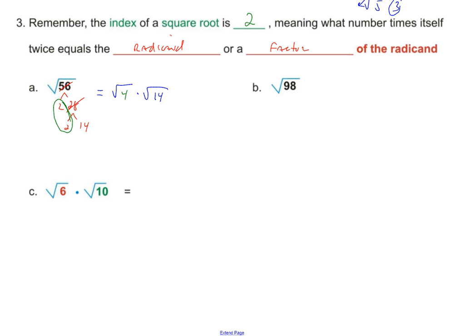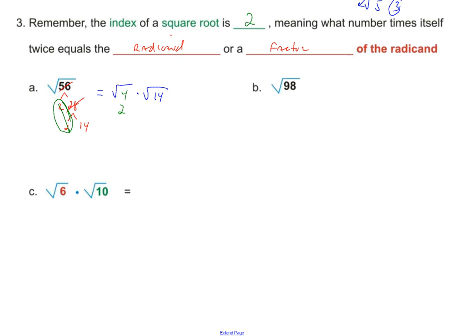Can I take the square root if I have only one of something? No. Here's the point. To take the square root of something, if you have two of the same thing, the square root is one of them. Isn't the square root of 4 a 2? How did we get 3 when we took the square root of 9? Because guess what? A 9 is a 3 times 3.